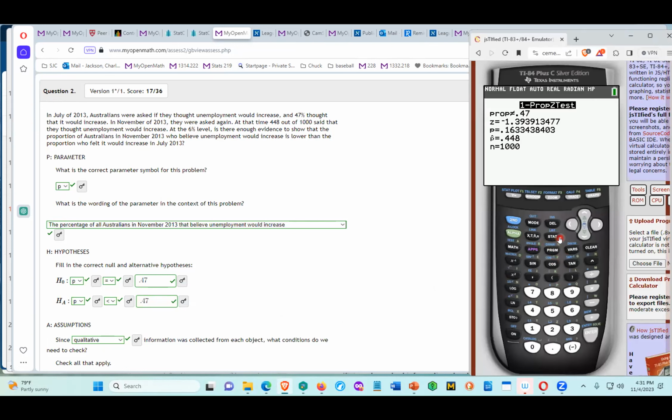And the area is this area in the tail. We've got area in the tail, and we've got area in the other tail because the calculator thinks we want to run a two-tail test.